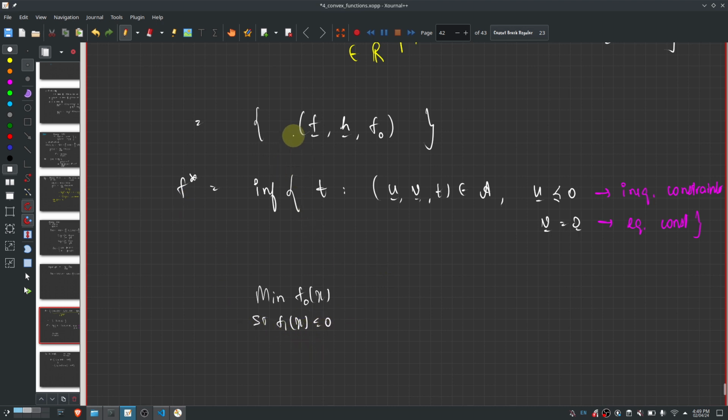Then this set A would be equal to the set of all (f1 of x, f0 of x), exactly as we have in our toy example, x belongs to R.